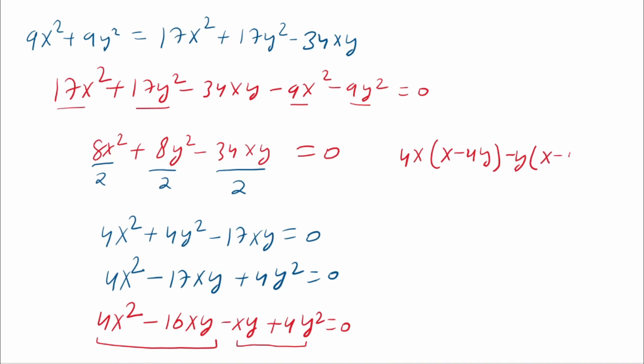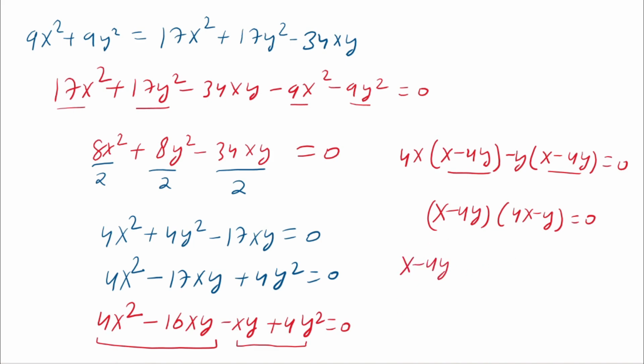Here (x − 4y) is common, so taking it out, we get (x − 4y)(4x − y) = 0. Here the product of two expressions equals 0, so we can say x − 4y = 0 or 4x − y = 0.